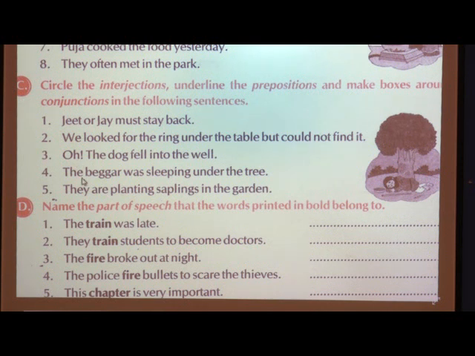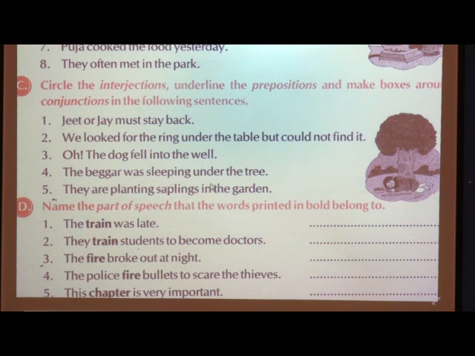Next, if you see the fourth one, the beggar was sleeping under the tree. Okay, children. Now, here if you see, the beggar was sleeping and the tree. Two nouns are there, and they are showing the relation between each other. They are showing the relation of the beggar and the tree, and what he is doing? Yes, he is sleeping under the tree.